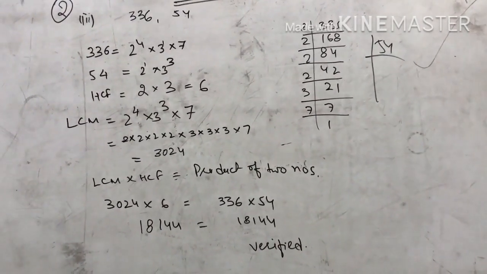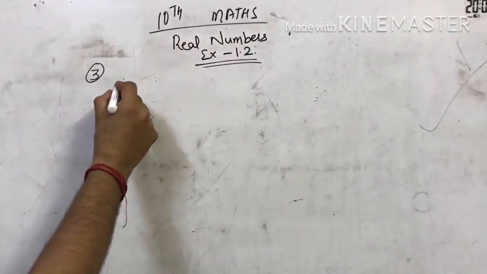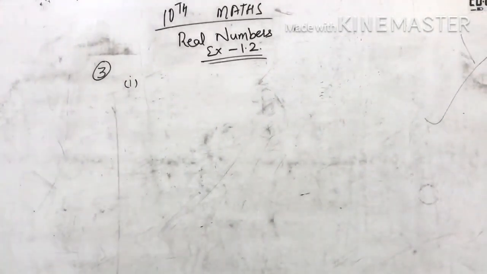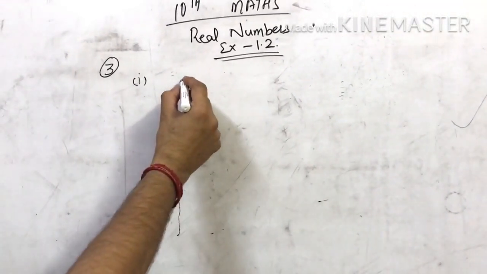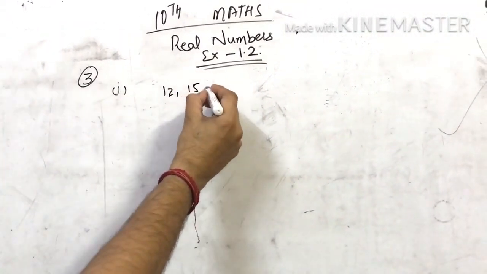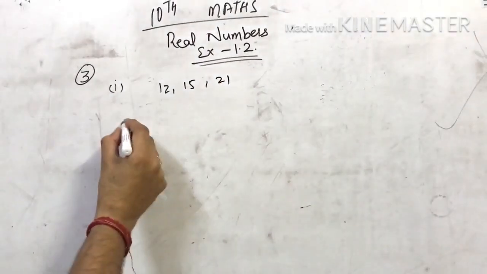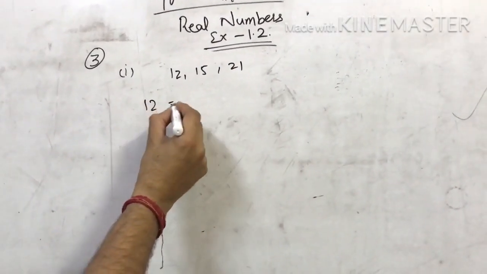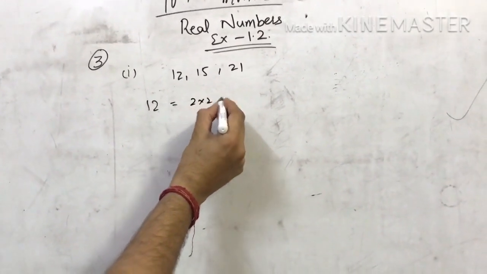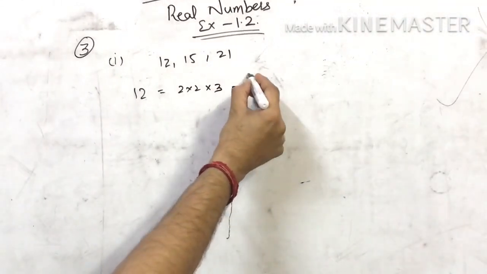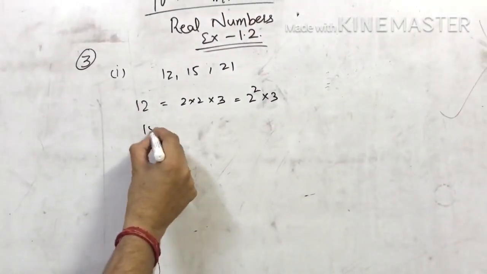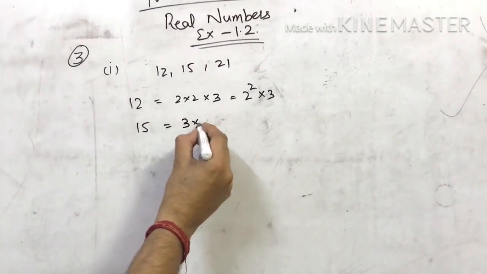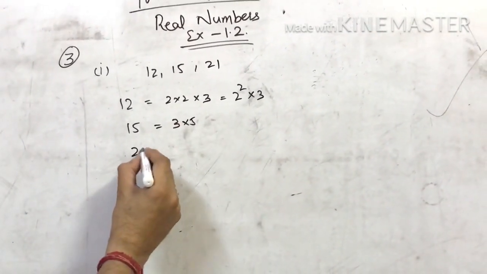Now let's go to question number 3. In question number 3, first part, you have to find the LCM and HCF. The numbers given are 12, 15, 21. So what are the factors of 12? That means 2 to the power 2 into 3. What will be the factors of 15? What are the factors of 21?